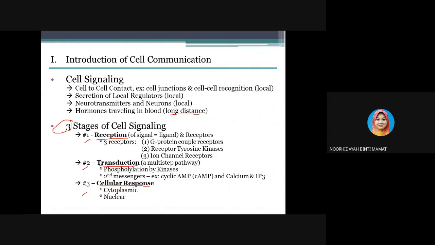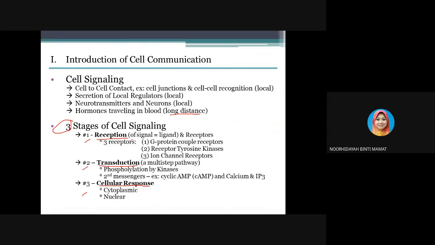For neurons, we have signal reception, signal integration, signal conduction, and signal transmission. In the sensory system, we have RTTP, which is reception, transduction, transmission, and perception. And here in cell signaling, we have three: reception, transduction, and cellular response.